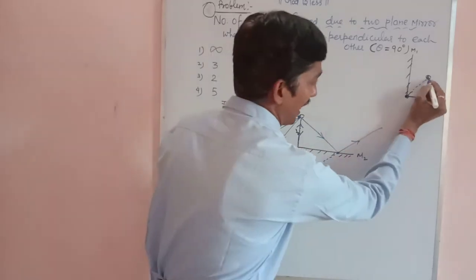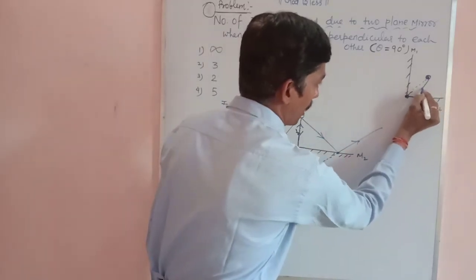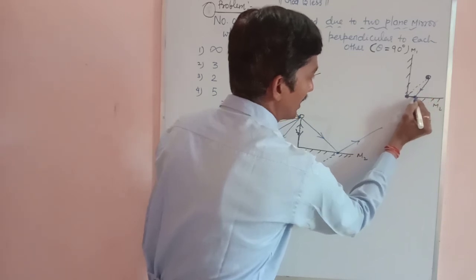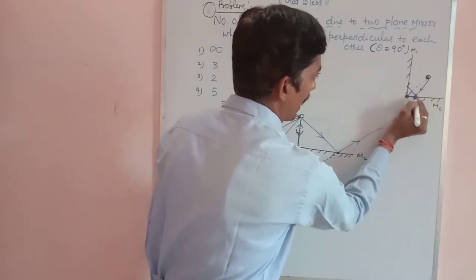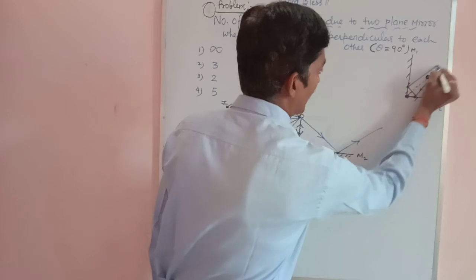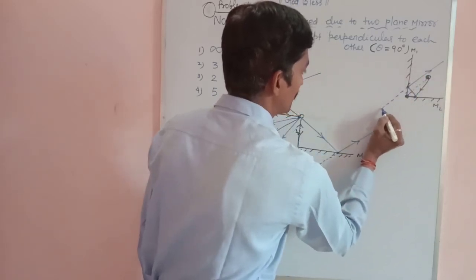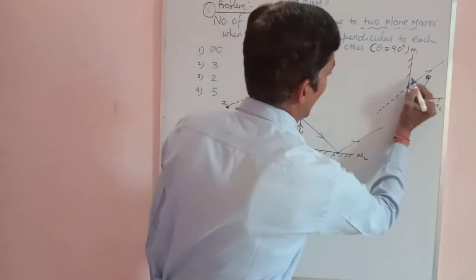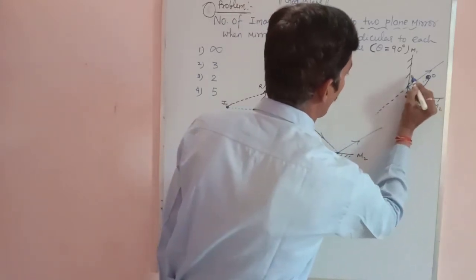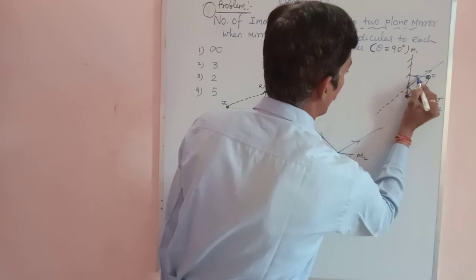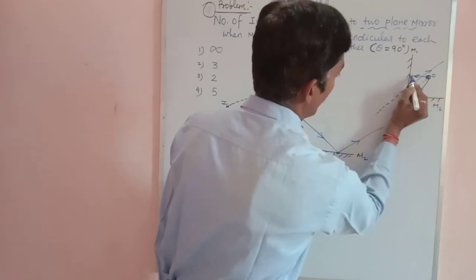And then the ray from the point object O can fall here, incident at M2, going at M1, reflected from M1, coming at back. Similarly, another ray from point object O fall on M2, fall on M1, right?